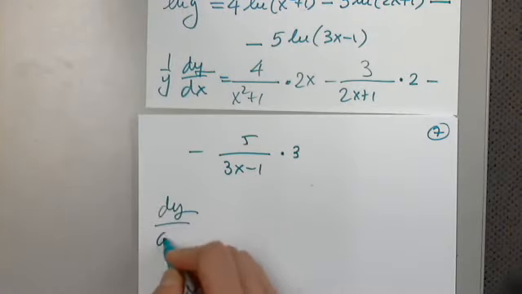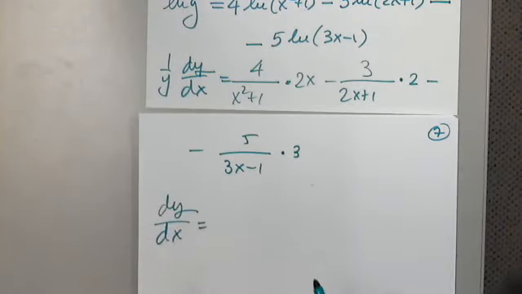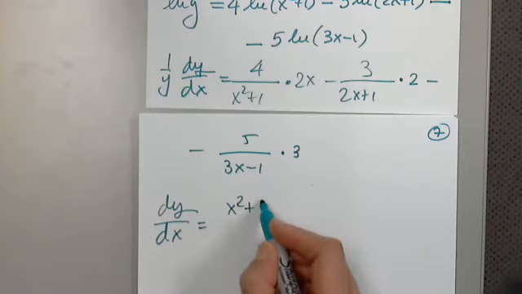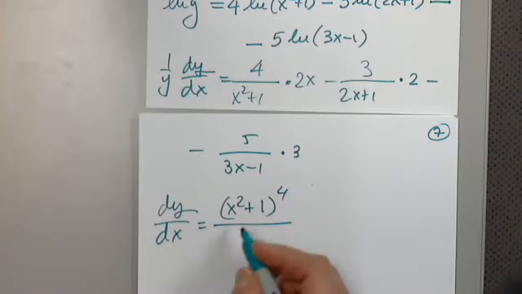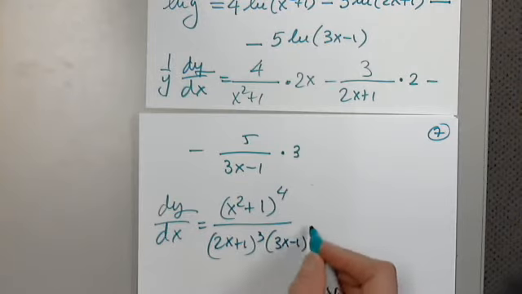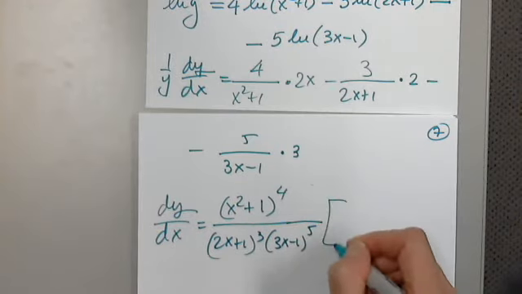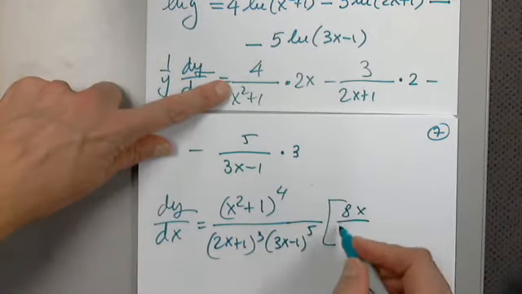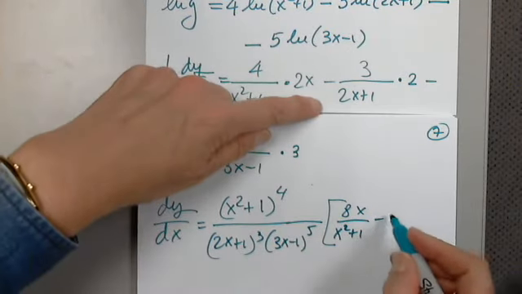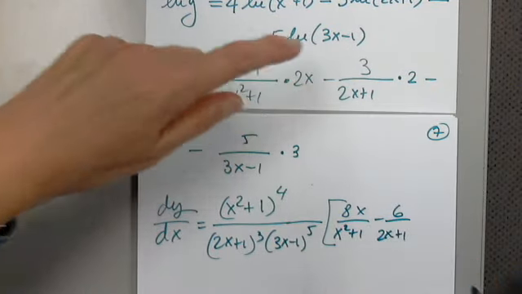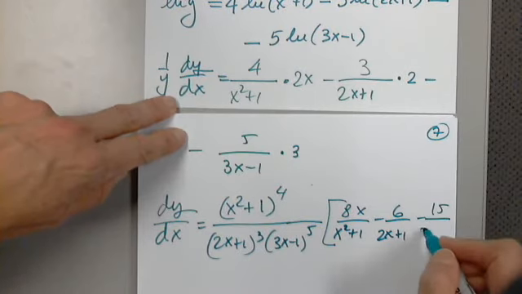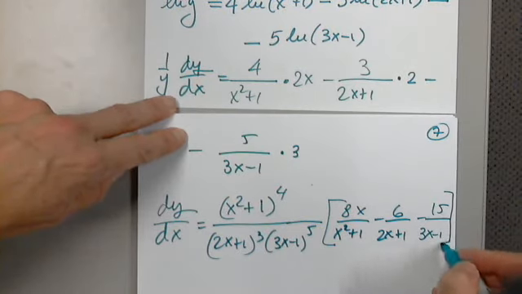So dy over dx will be x squared plus 1 to the 4th power over 2x plus 1 to the 3rd, 3x minus 1 to the 5th, times 8x over x squared plus 1 minus 6 over 2x plus 1 minus 15 over 3x minus 1.